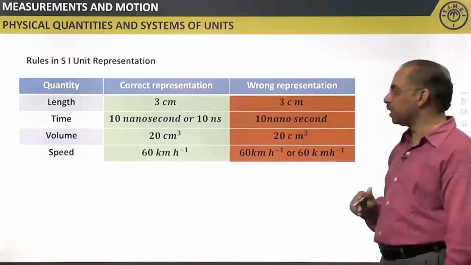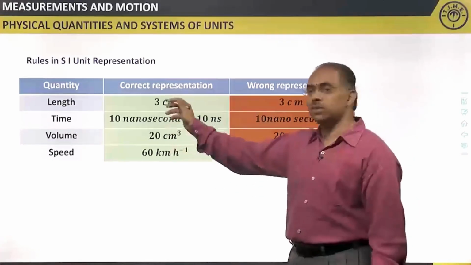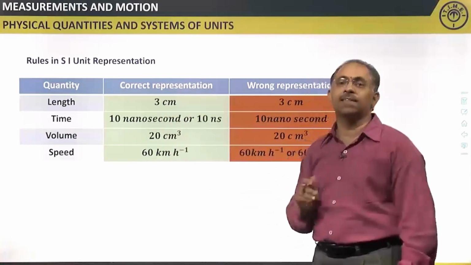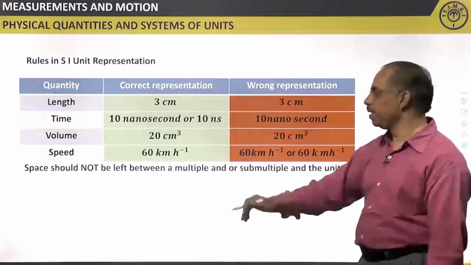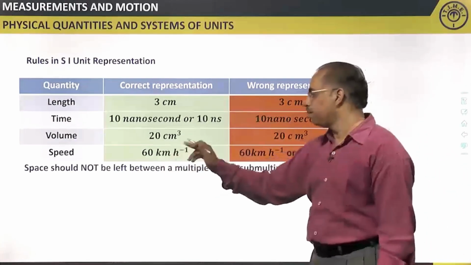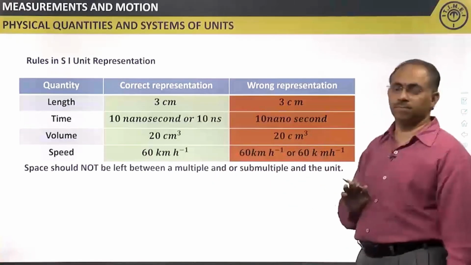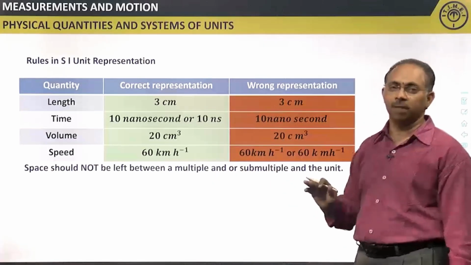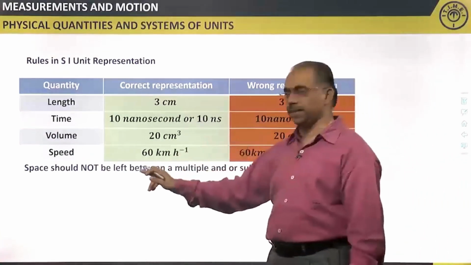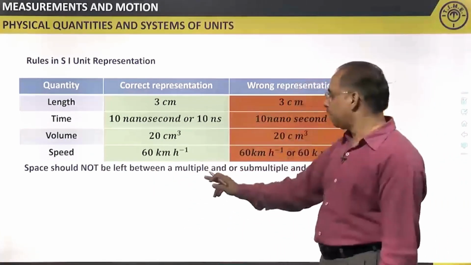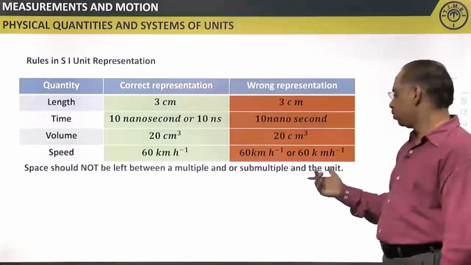So, what does the rule say? What do this centi, nano and kilo stand for? These are the prefixes. Okay. Space should not be left between a multiple or submultiple and the unit. There is a symbol. You should not give space between what? Multiple or submultiple and the unit.